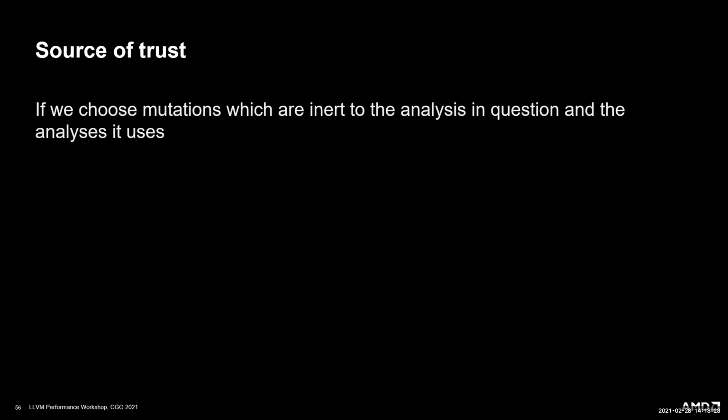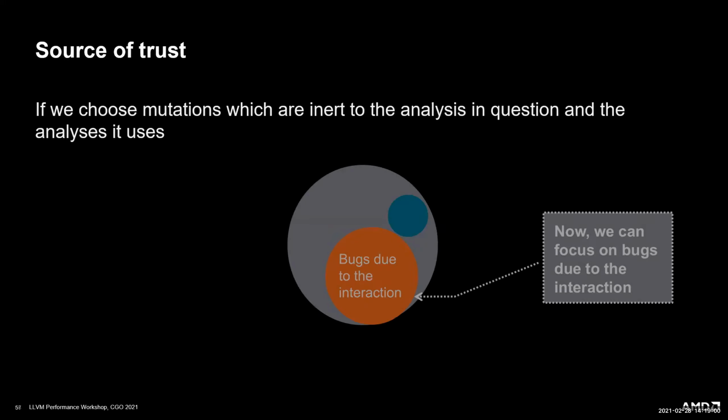Now, if we choose mutations such that the mutations are inner to the analysis and the analyses on which this analysis depends, and we use them to differentially test this analysis, then since this analysis and all the analyses it depends on are inner to it, we are increasing the chance of finding an interaction bug. So these assumptions so far have turned out, I would say, decently okay.